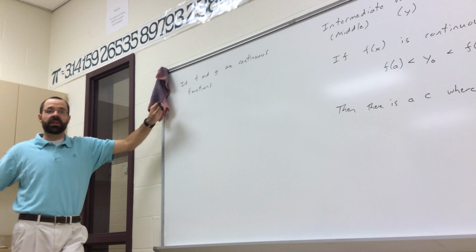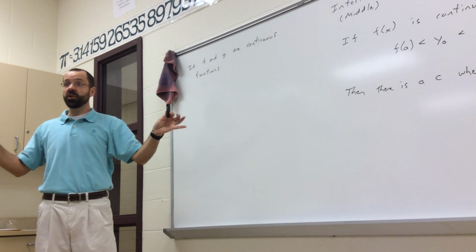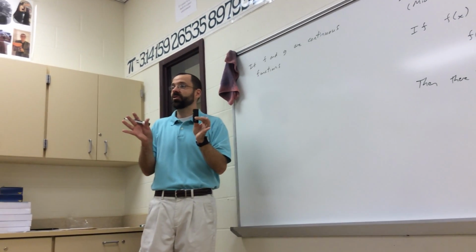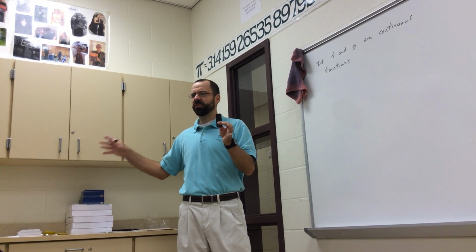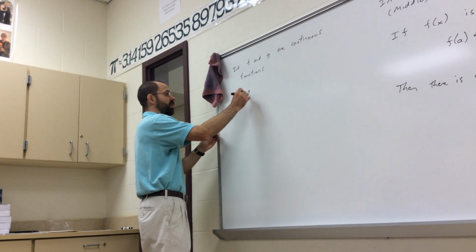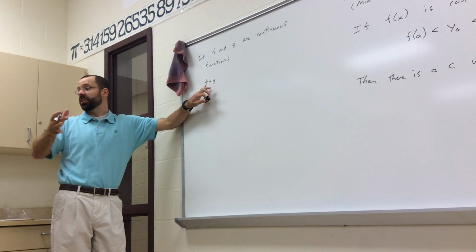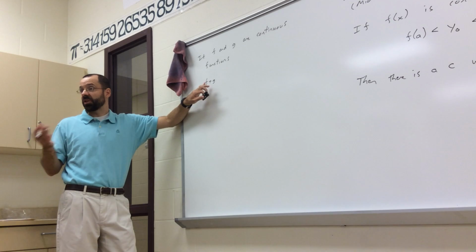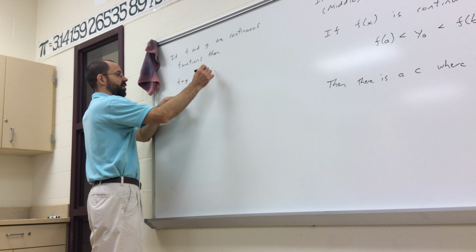So it's continuous. And then maybe g is a different function. Maybe it's x squared. You can create a new function by adding those together, and that function is called f plus g. So in my example, that would be 3x plus 2 plus x squared. And if f is continuous and g is continuous, it turns out that f plus g is also continuous.